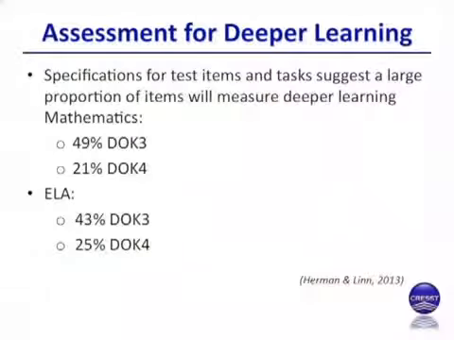What they found is that through the specification for test items and tasks, a large proportion of items will measure deeper learning. So in mathematics, 49% DOK 3 and 21% DOK 4. ELA, 43% DOK 3, 25% DOK 4. So that is going to be a big difference.